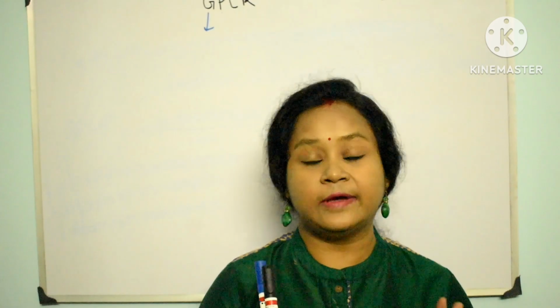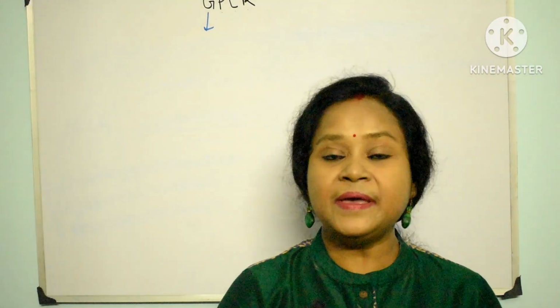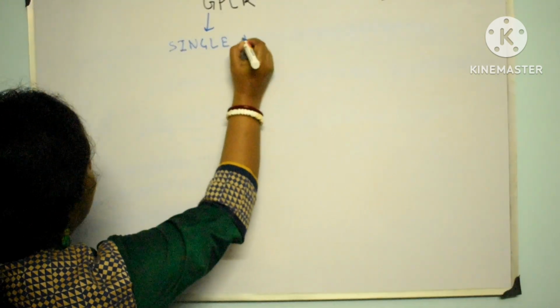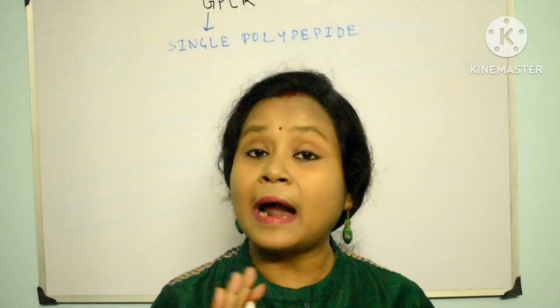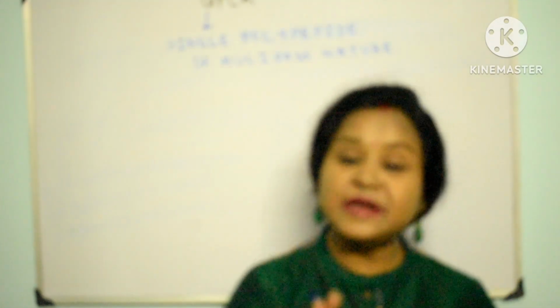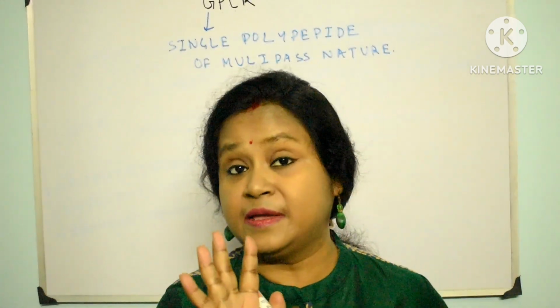Now let's concentrate on the structure of GPCR, another very important feature. GPCR consists of a single polypeptide of multipurpose nature, and it crosses the lipid bilayer 7 times.